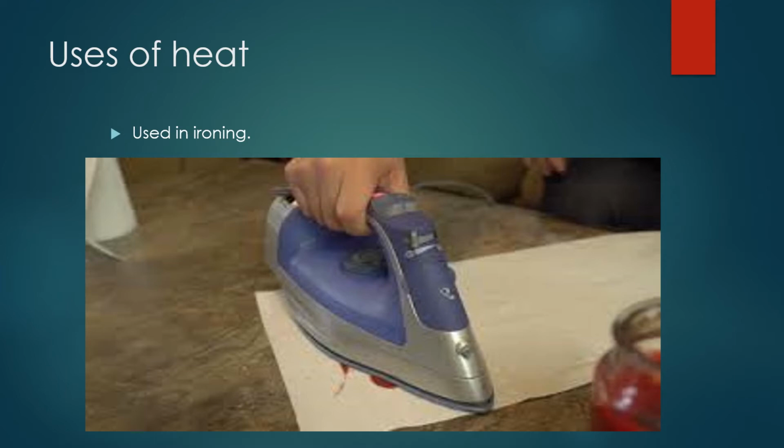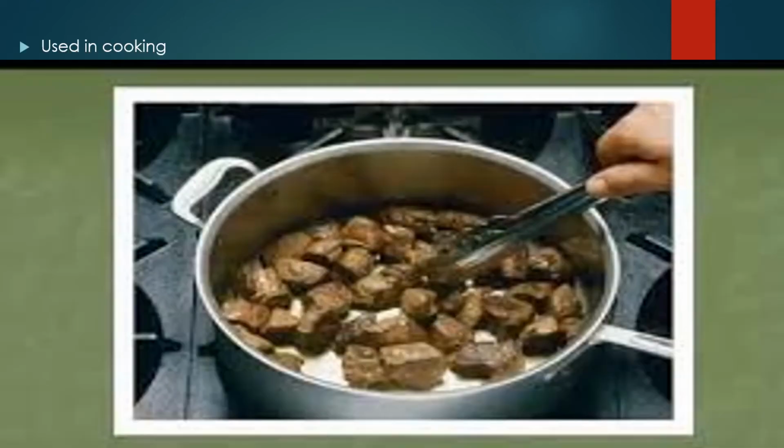This person is ironing clothes. Then number 2, we use heat for cooking. In the picture, we can see they are cooking meat.